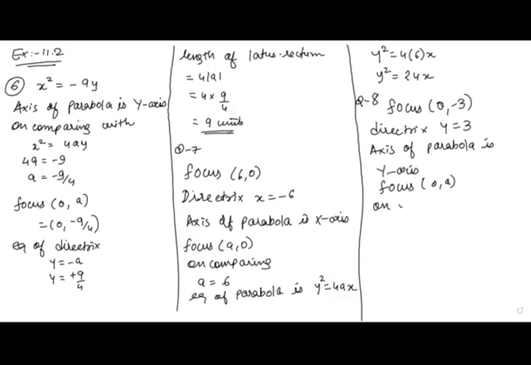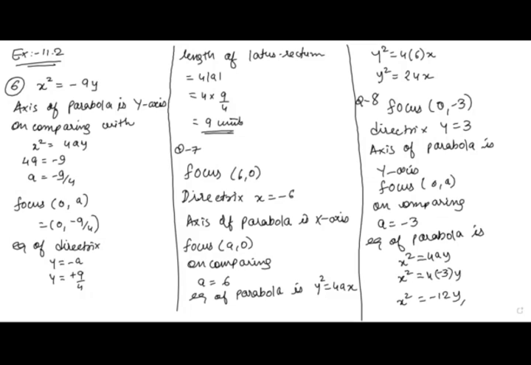So comparing, I will get the value of a as minus 3. So the standard equation of the parabola is x square is equal to 4ay. Keeping the value of a as minus 3, the equation of the parabola will be x square is equal to minus 12y.